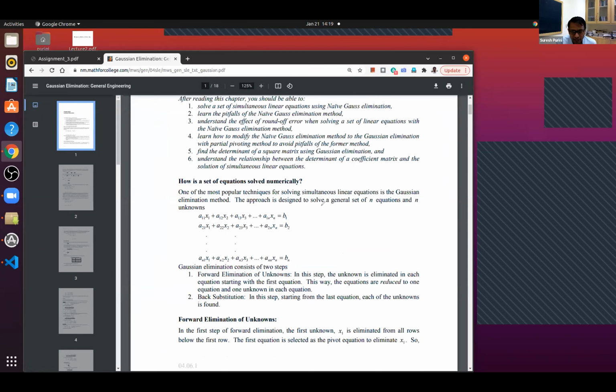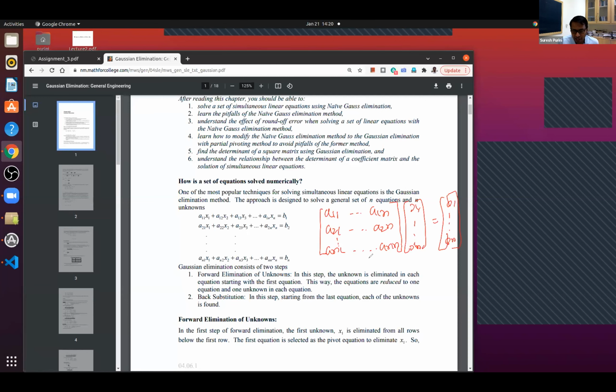If you write it in matrix form, these are the coefficients a11 and so on, a21, a2n, an1, ann, and x1 to xn is equal to b1 to bn.